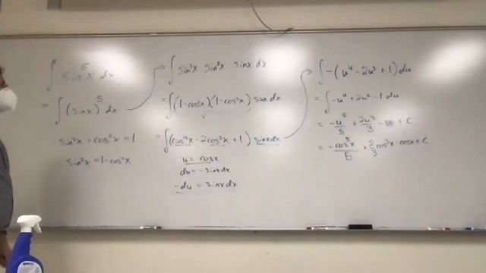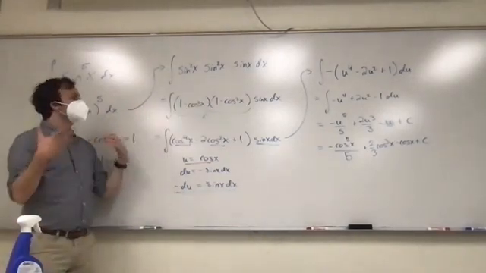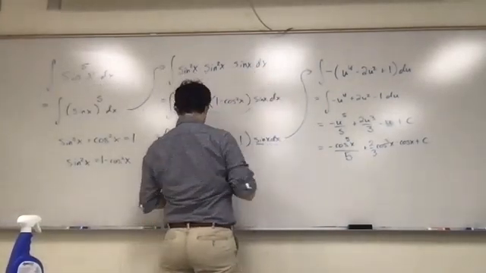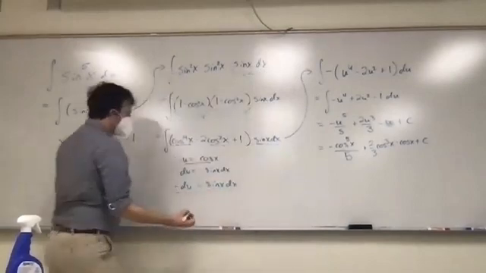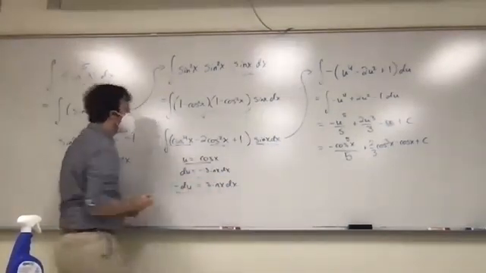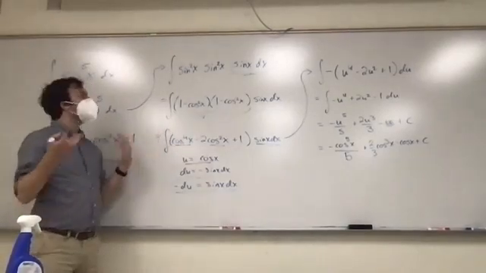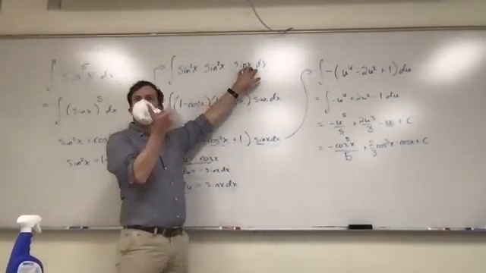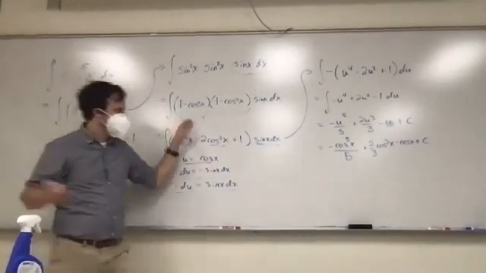So one thing to keep in mind is that for other problems that maybe have different trig identities we need to use, the step that was really important was getting this part by itself, because we need to get this du. Whatever it looked like, it was going to become a bunch of u's, and that's fine. But in order to really make the u substitution work, we need this single trig function to be our du, and everything else is the other trig function.